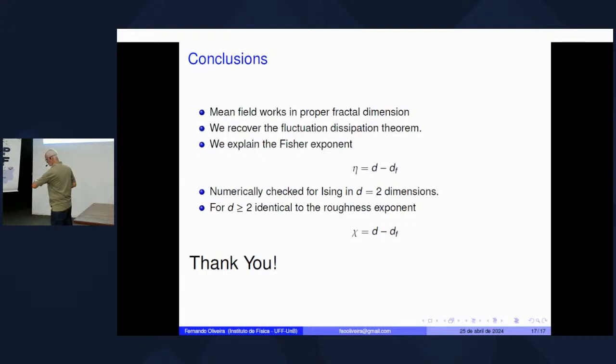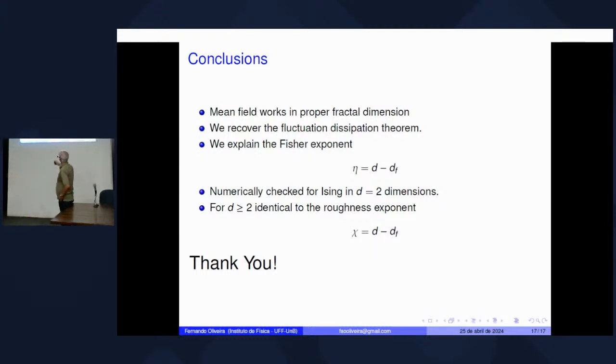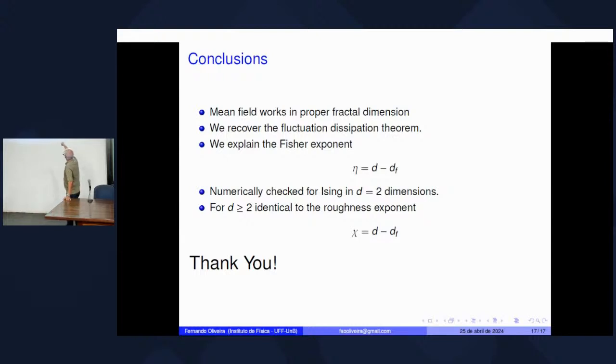Okay, the conclusions are like that. Mean field works with the proper fractal dimension. I mean, if you take the previous equations and use the proper fractal dimension, mean field works. In this situation, we recover the fluctuation dissipation theorem, and we give an explanation for the Fisher exponent, which is that one here. The Fisher exponent is the deviation between the integer dimension and the fractal dimension that is built in the lattice due to the dynamics of the system.